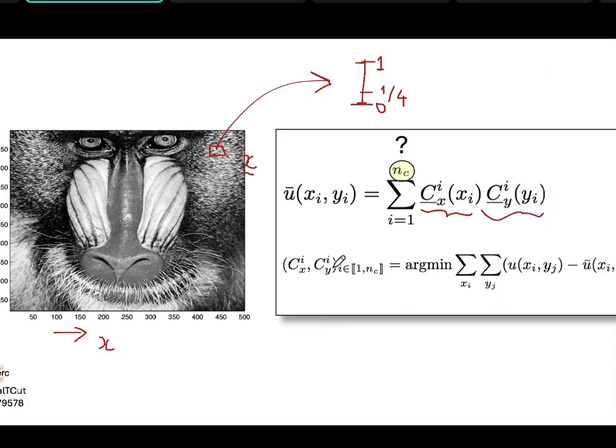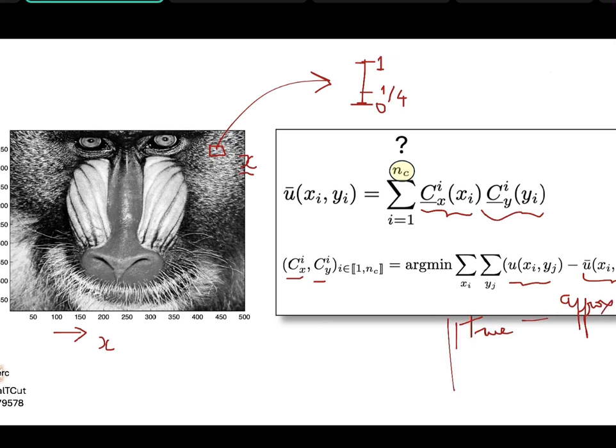And let's see now if I can find these coefficients, cx and cy, such that it minimizes the difference between my approximation, so that is the approximation, and the true solution, which is the true image, which is that guy here. And you want that true minus that in a certain norm be minimized. That's the idea.